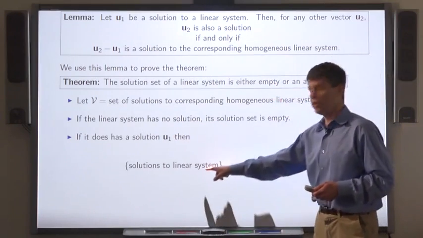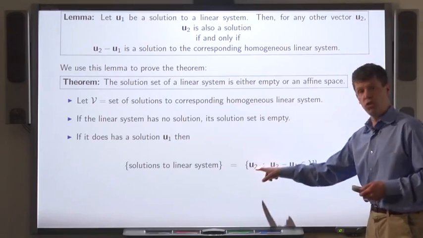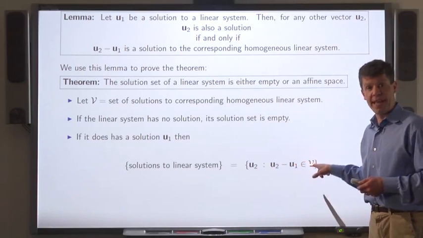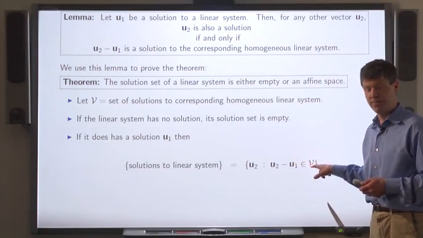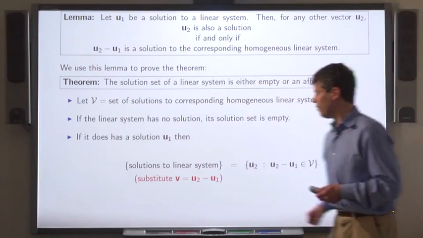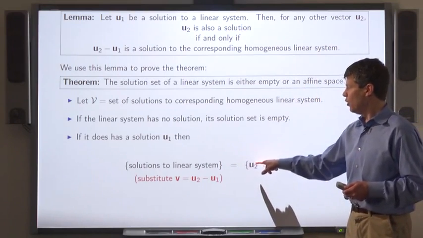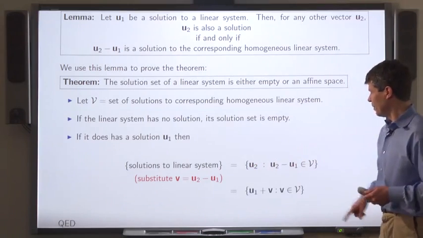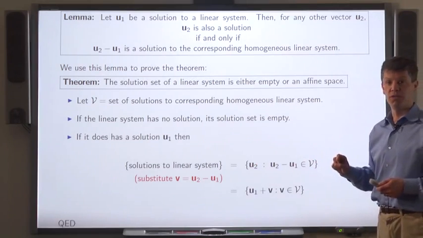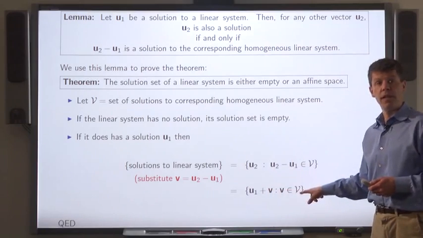And then the set of solutions to the linear system is the set of u2 such that u2 minus u1 belongs to the set of solutions to the homogeneous linear system. Now we use a substitution. We substitute v for u2 minus u1, which means u2 equals u1 plus v. So we can rewrite this set in this way, and that proves what we wanted to prove, that the set of solutions is an affine space.